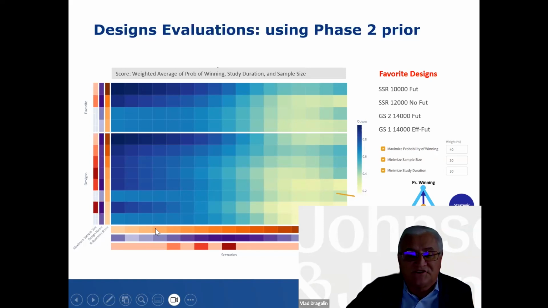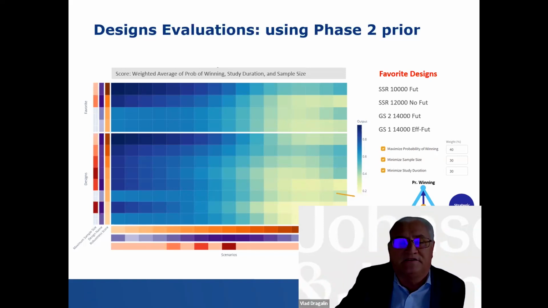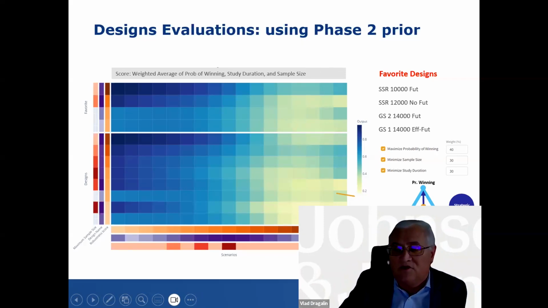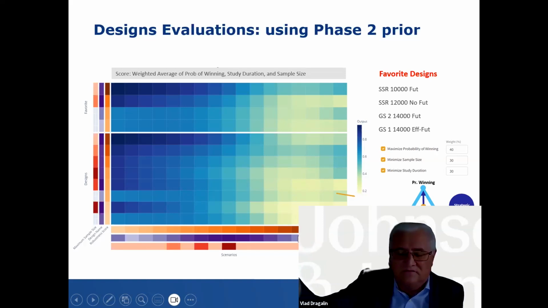You remember hazard ratio moving here gives, I'm simulating on the very effective scenario. If I move in this direction, none of the designs give me good performance because the study is not powered to detect a hazard ratio that is large, close to 1.